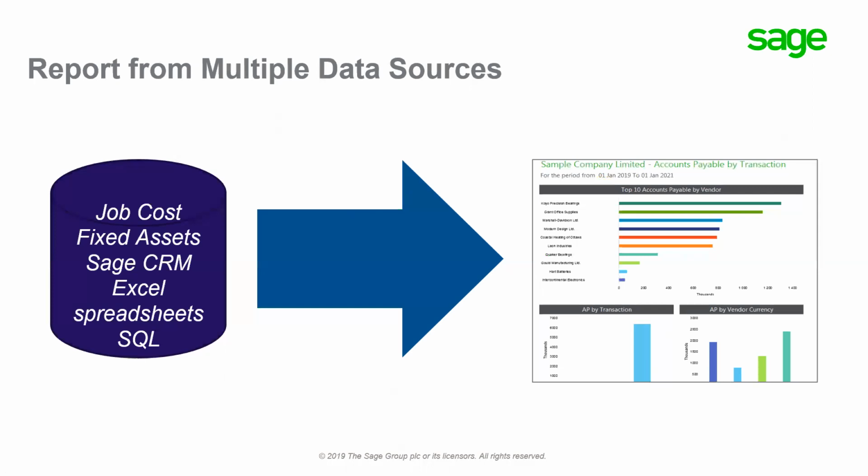Now, this is a little bit more advanced, but it's very important in understanding further about business intelligence, that BI acronym that we hear a lot, and that is that Sage Intelligence enables you to report from multiple sources, such as additional fields and information and modules within Sage 300.